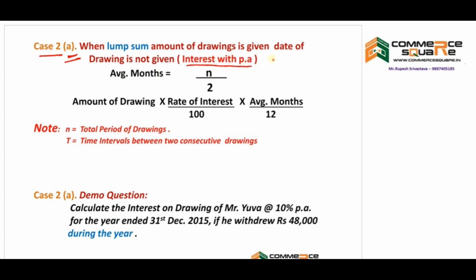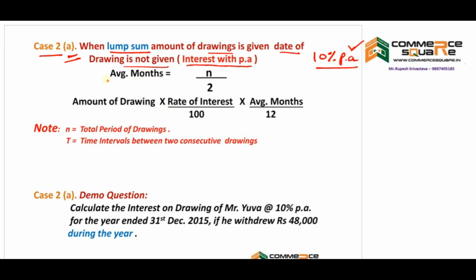It means in the question the rate of interest on drawings will be mentioned as a percentage along with per annum. So when a lump sum amount is given, the date is not mentioned, but the interest rate is mentioned with per annum, this is case 2A.